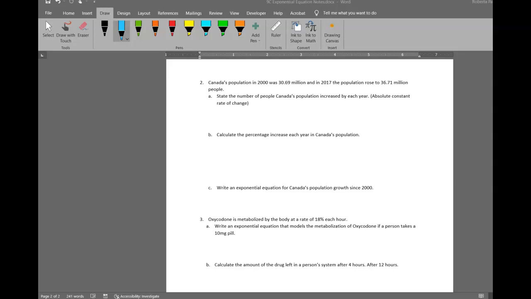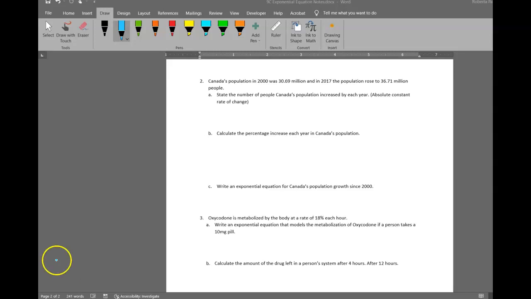Since we're talking about the actual number of people, we are talking about the absolute. And so we know that it's the increase from 30.69 million to 36.71 million over 17 years.